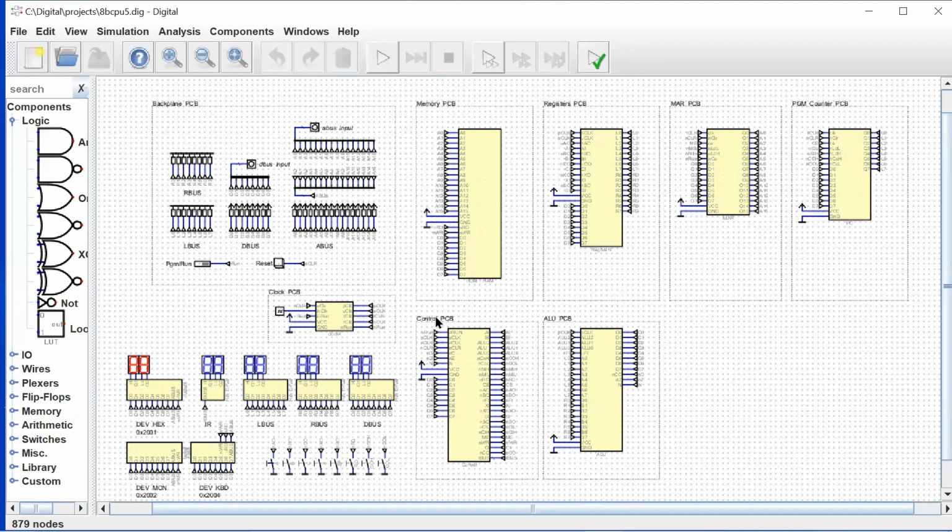All right, so besides breaking up everything into physical cards, I also moved around some of our logical design elements.